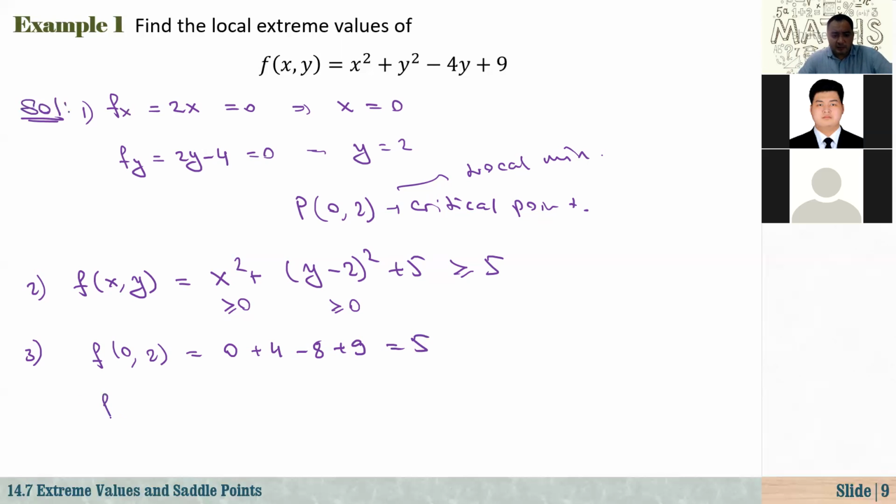At any other point, for example (2, 0), x equals 2 gives 4, and y equals 0 gives 0, plus 9, that's equal to 13. So if you evaluate the function at any other point different from (0, 2), you will see that it will be greater than 5, which means that (0, 2) is the local minimum, and the global minimum, of this function.